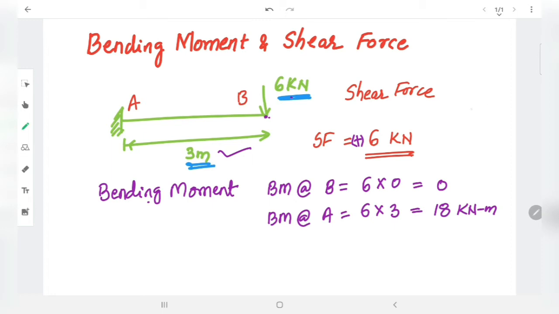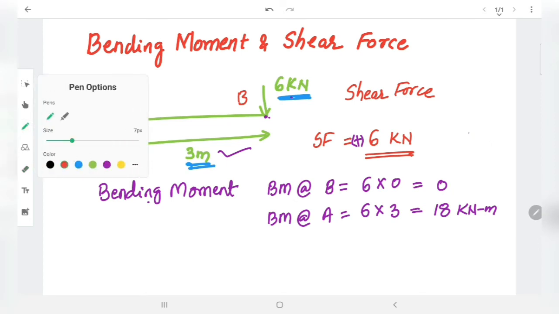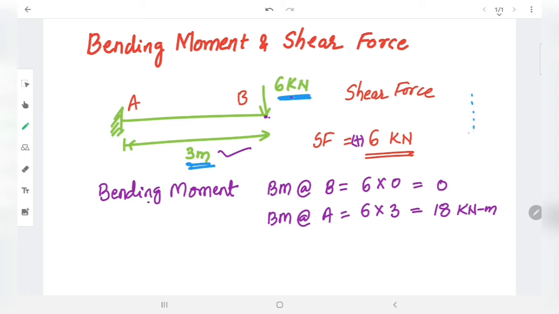Okay, first I'll write the sign convention. Here you can see, if it is on the left side, an upward force is taken as positive, and if it is on the right side, the downward force is taken as positive. That's why here we have taken this one.